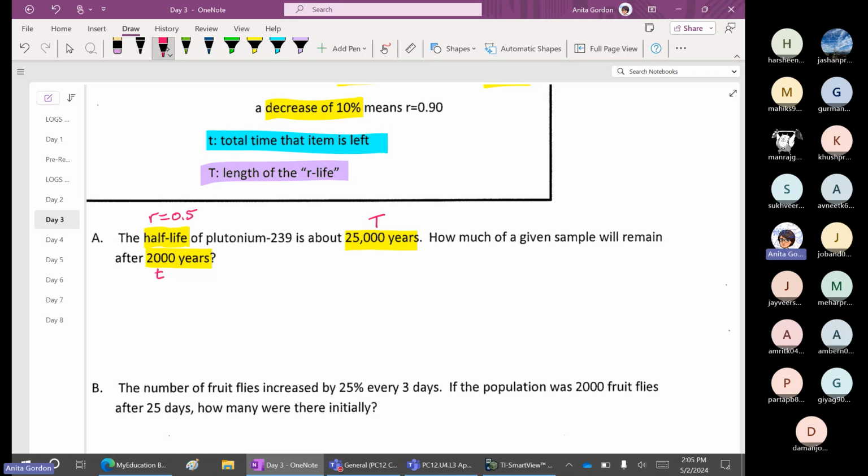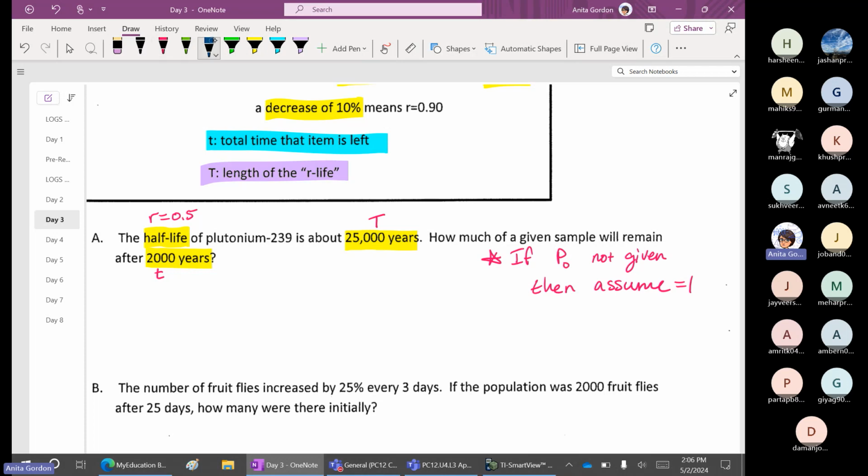So, I'm going to make that a star: if P naught is not given, then assume it's 1. We're looking at a percentage. If we start with 100% plutonium, how much is left after 2000 years? Now, if it's asking you to find the initial, that's a different question, right? This is asking us for the final amount, but not telling us the initial. So we're going to use percentages here.